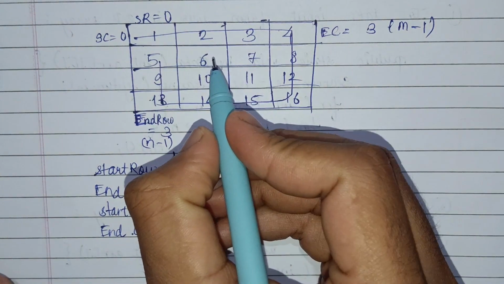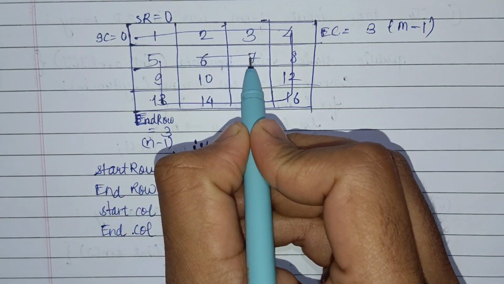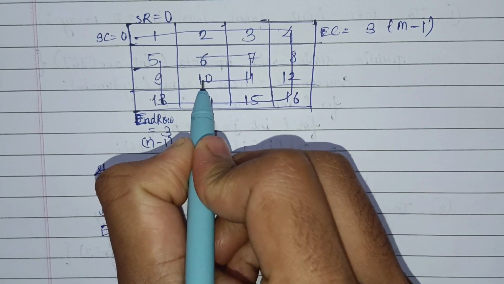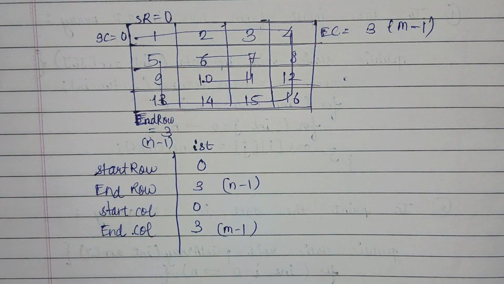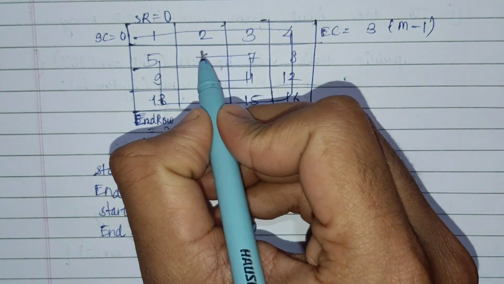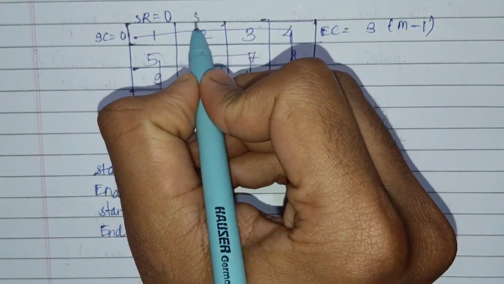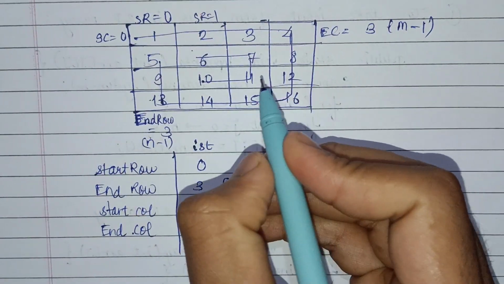Next, we have to track inner borders. So this border we have to track. For this border, the starting row will be 1, ending row will be 2.